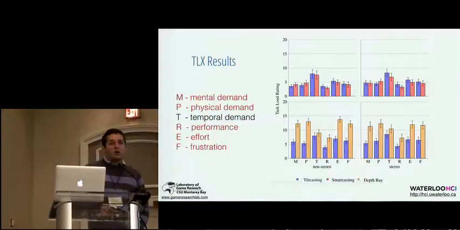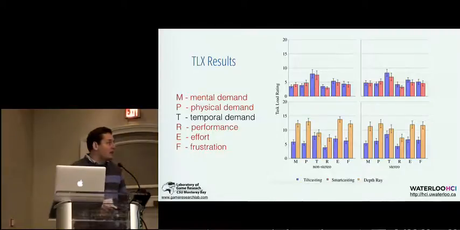So occluded objects were much easier, less frustrating, required less effort. People felt like they had better performance. They were physically less demanding and mentally less demanding to be selected using tiltcasting.